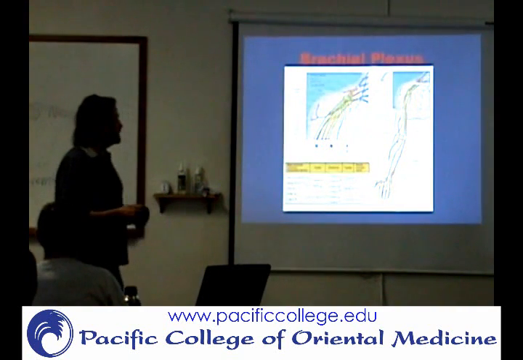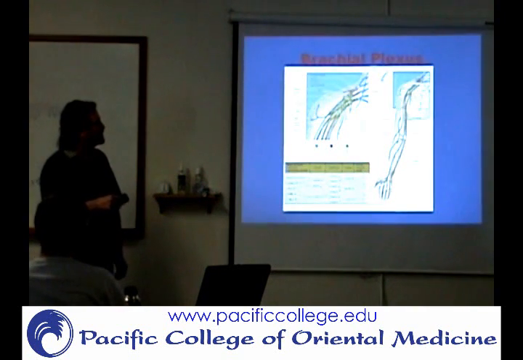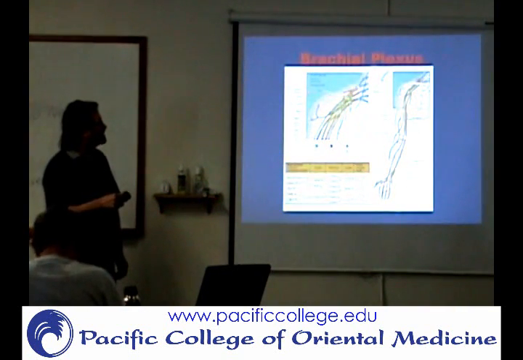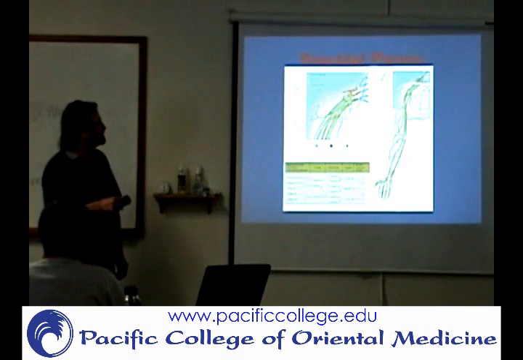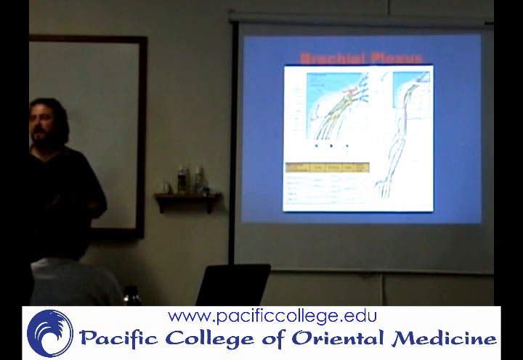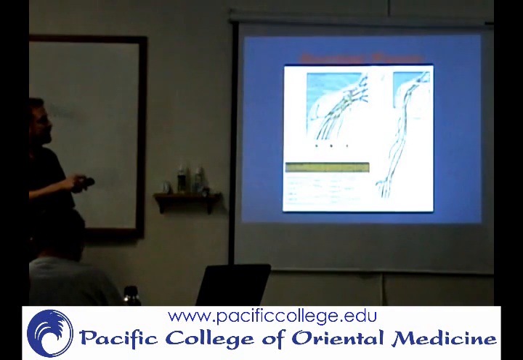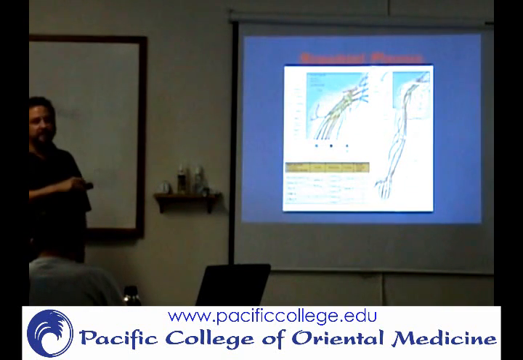Okay, so now we get into the brachial plexus. Again, it starts out as nerve roots, and then you have divisions, and then you have cords. Basically, like I said, it starts out as nerve roots, individual nerves coming out of the spinal cord. Those are numbered, C1, 2, 3.